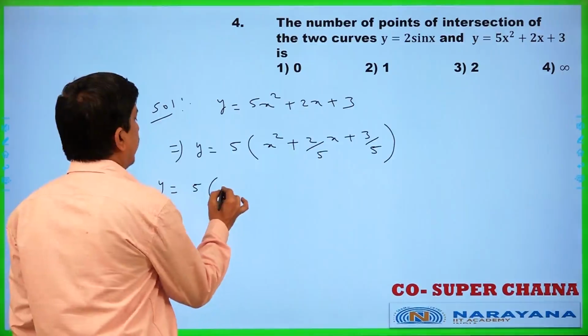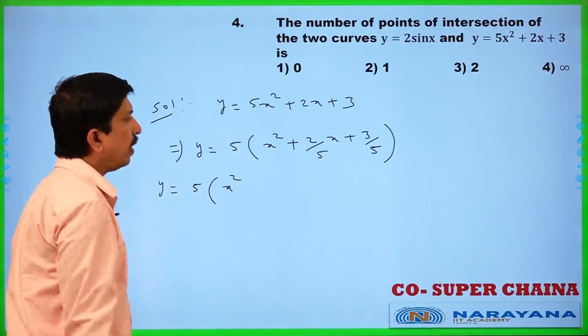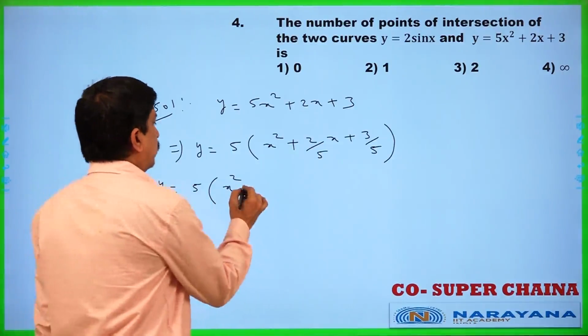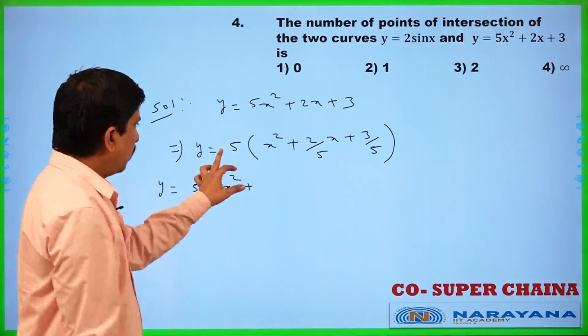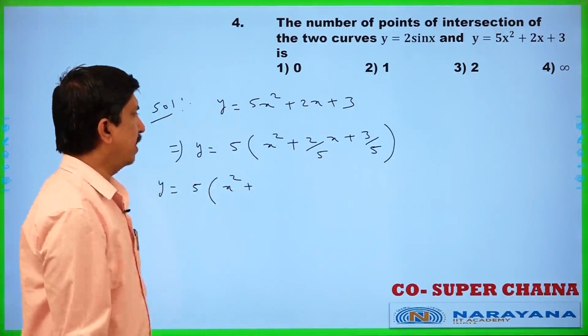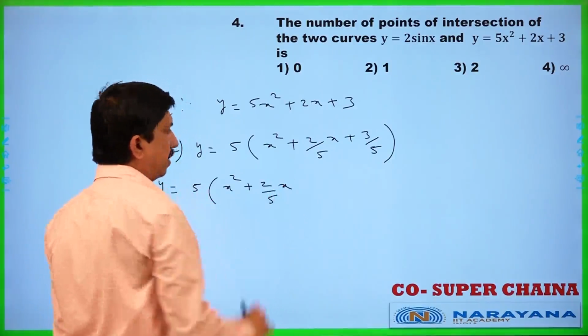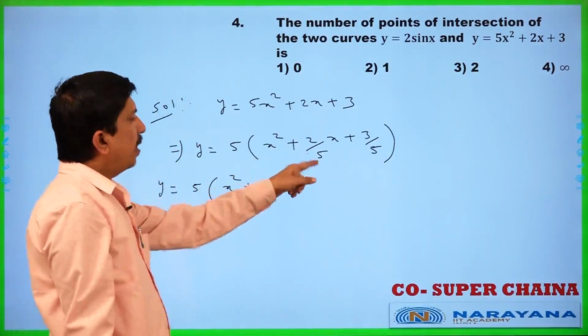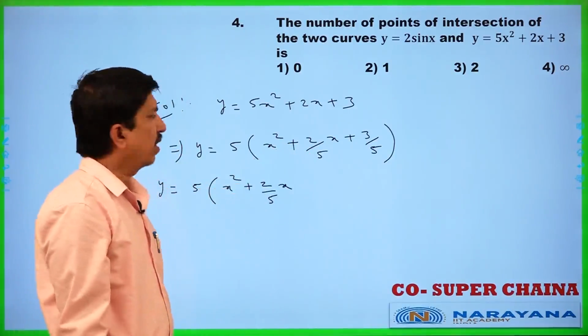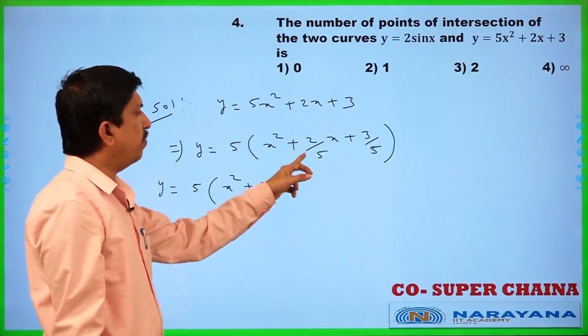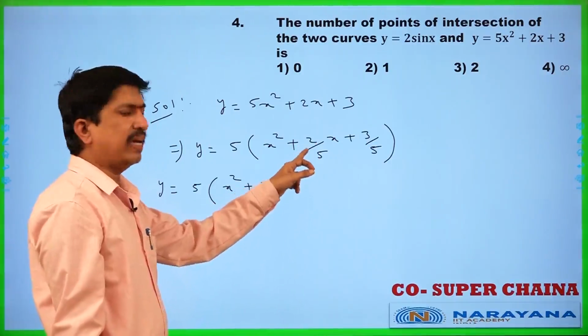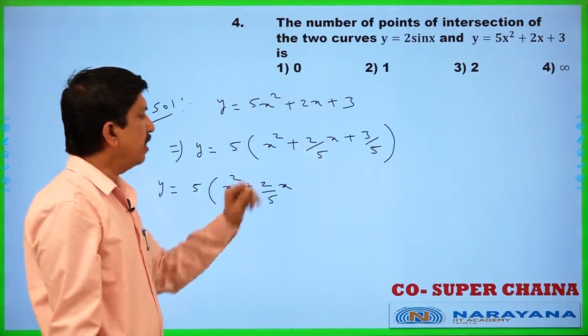So, 5 into x square plus 2 by 5 x, I am writing as it is. Here nothing but 1 by 5 is the b value; in 2ab, x I am considering as a, and b is 1 by 5.